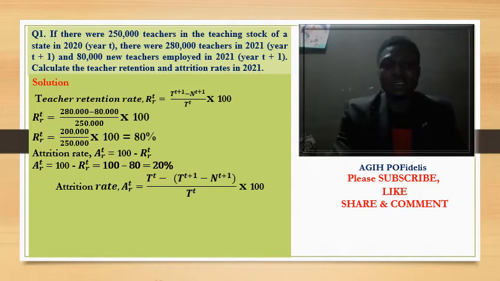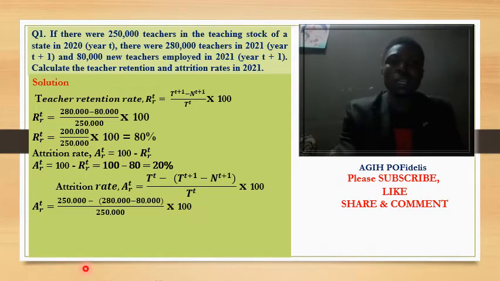Remember, we said this T means the total number of teachers that are in stock, that is the year that is just completed. Then this means the total number of teachers in the new academic session, and we have this as the number of newly employed teachers.